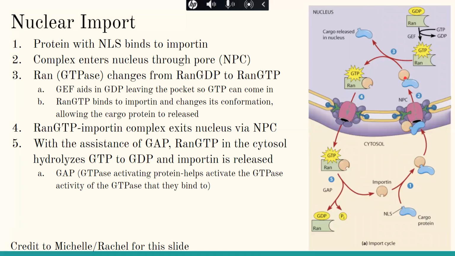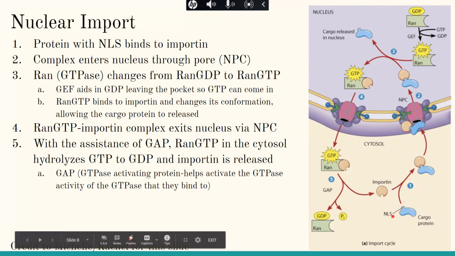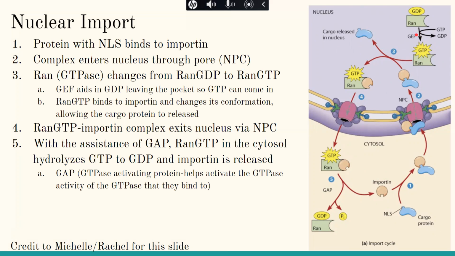And then once it's in the nucleus, RAN GDP is now RAN GTP. See, GEF is right here in the nucleus. So while this protein complex is being transferred into the nucleus, GEF is exchanging GDP for GTP.